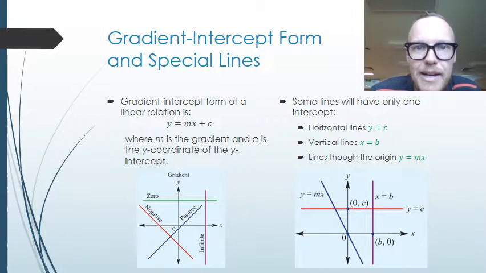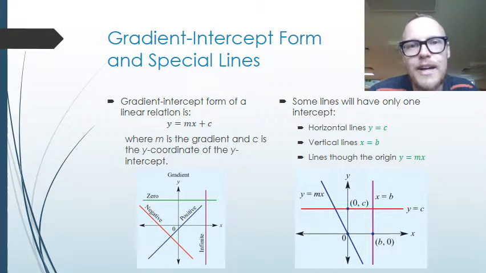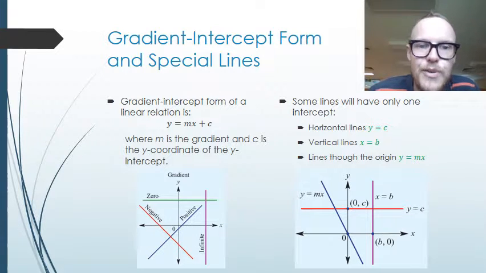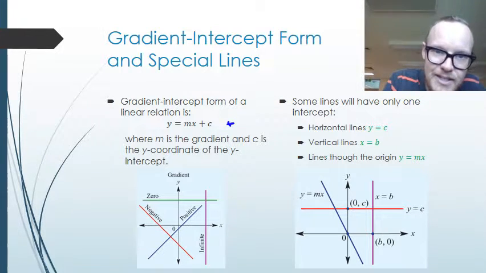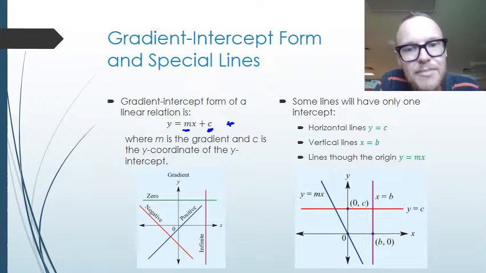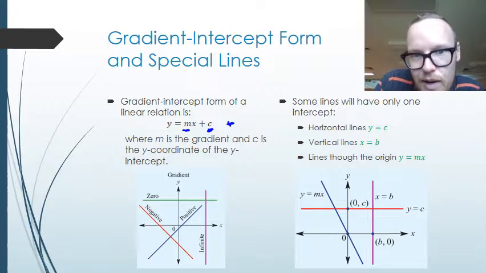The y equals mx plus c is very easy to read off and to be able to graph and to utilize. So that's y equals mx plus c, where m here is going to be the gradient, and c is what we call the y-intercept, but it's only the y-coordinate of the y-intercept that we need.